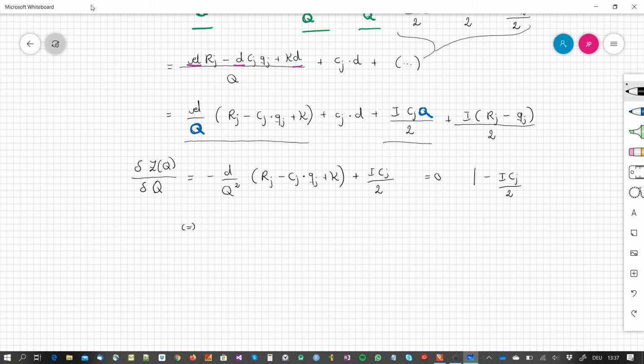Now you see I put this on the right hand side, and then we have minus and minus, so I want to lose the minus. Then we have D over Q to the power 2 multiplied by the bracket equals I c_j divided by 2. Now we can take the inverse.